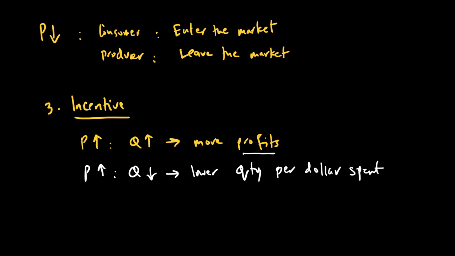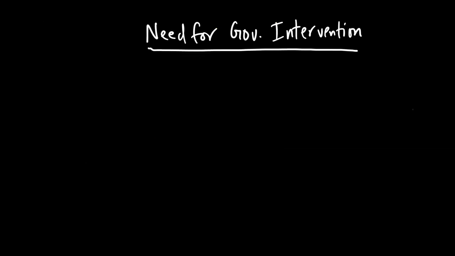So guys, these are the three functions or roles of prices. Our next discussion is, if this is the role of prices, why do we need government to intervene to start off with? The need for government intervention starts whenever the market is not doing well in terms of allocation of resources, and we identified three kinds of need for government intervention.